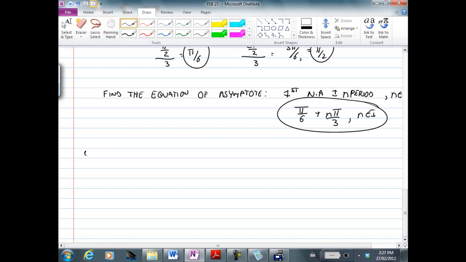I want you to do the same thing. Y equals 3 tan of 1/2 theta. Let's just find 2 new asymptotes and create an equation.